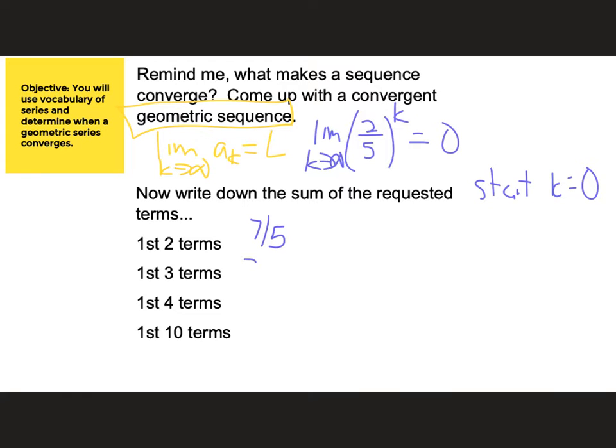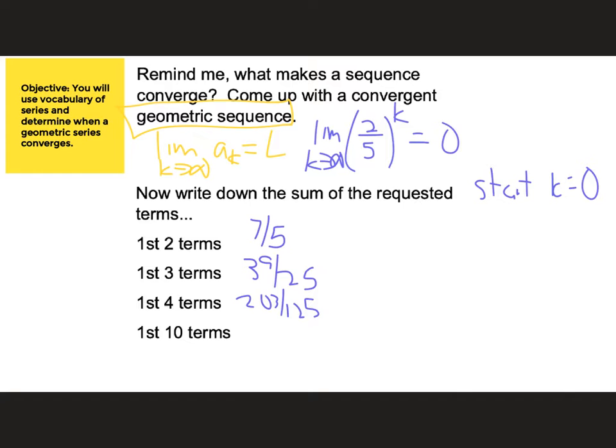Next one, we get 39/25. So that's 1 plus 2/5 plus 4/25. The next one, we're going to have 4 terms, so we have to add that next term. If we do that, we get 203 over 125.